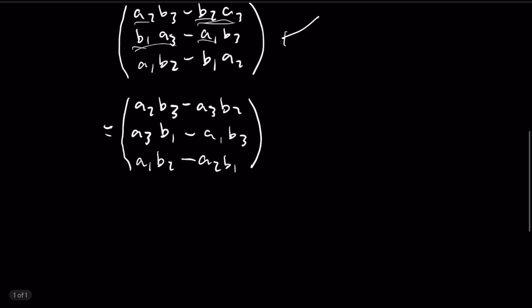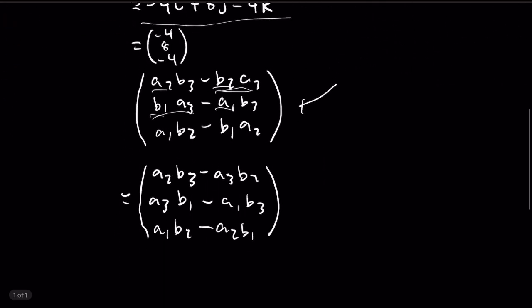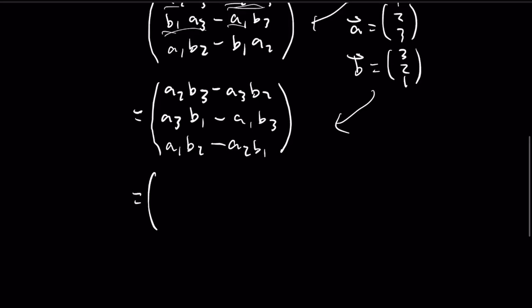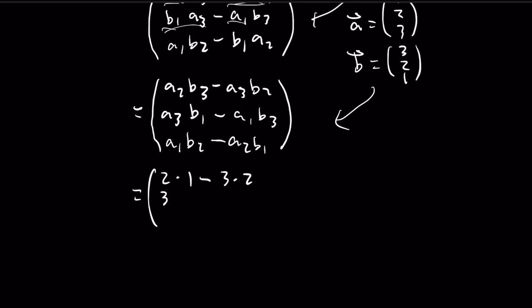So now if we want to look at the same question where vector A was 1, 2, 3, and vector B was 3, 2, 1, using this general formula, we would get a2 b3, which is 2 times 1, minus a3 b2, which is 3 times 2, and then a3 b1, which is 3 times 3, minus 1 times 1, and then 1 times 2 minus 2 times 3 here.